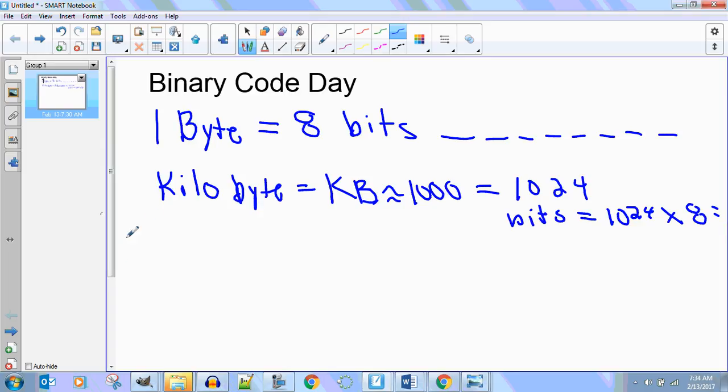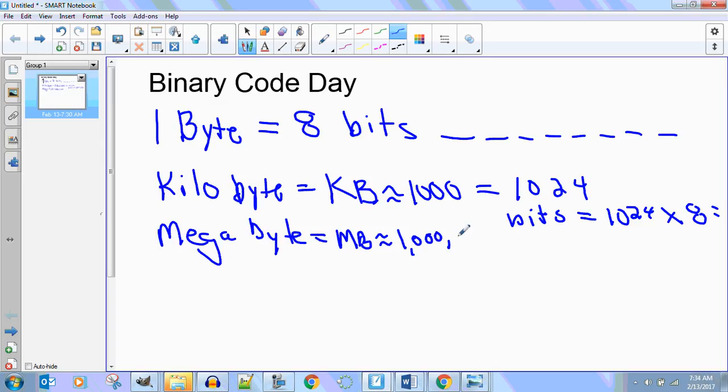Now, the next one is, you guys know, you have a megabyte, which is equal to MBs, which is approximately 1,000 times 1,000, which is 1 million. Okay, is it really 1 million?